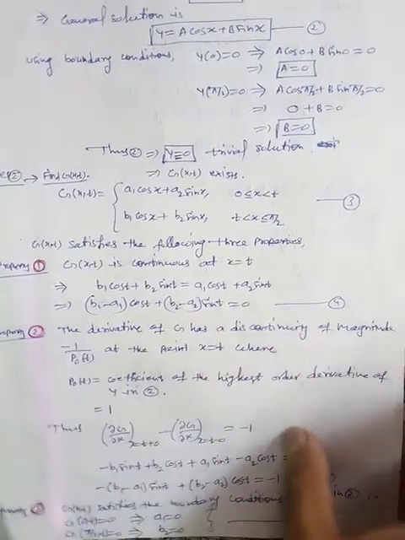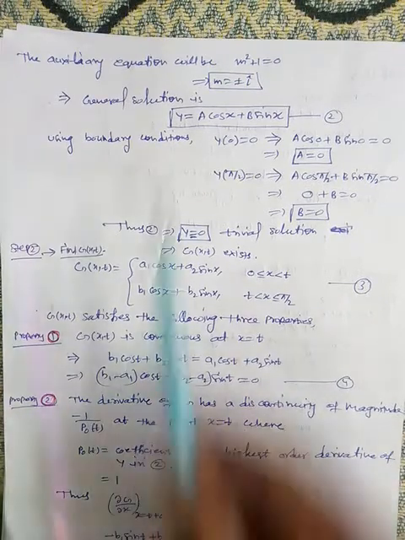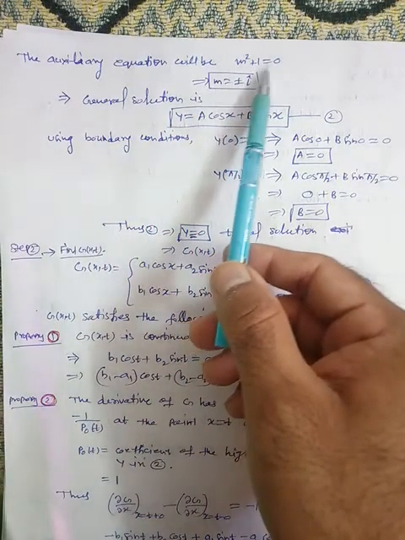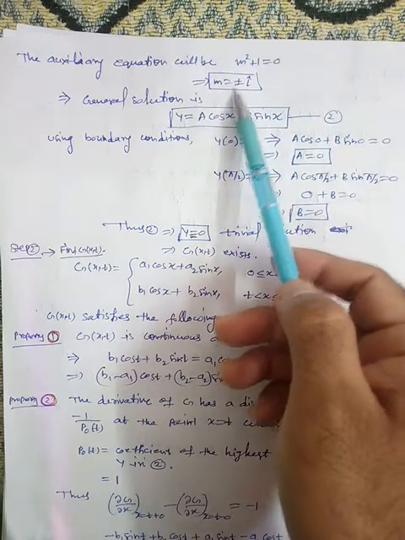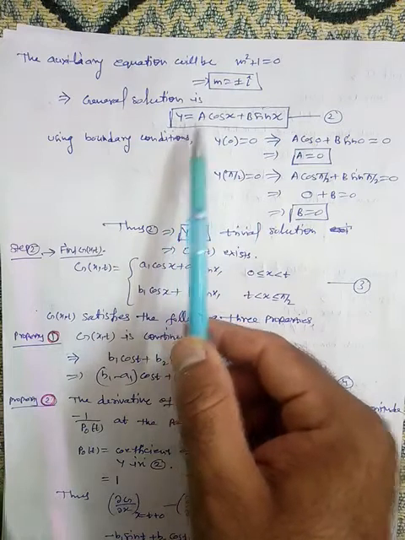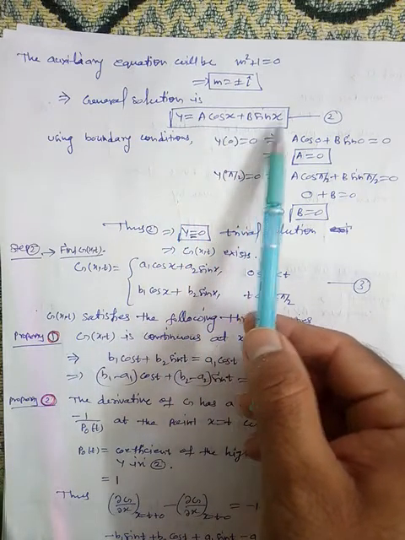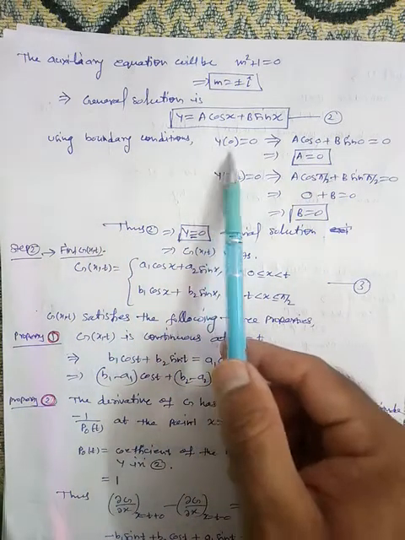So here the auxiliary equation will be m square plus 1 equals 0. So m will be plus minus iota, and hence the general solution is given by y equals a cos x plus b sin x. This is equation number 2. Now the boundary condition is y at 0 is 0.